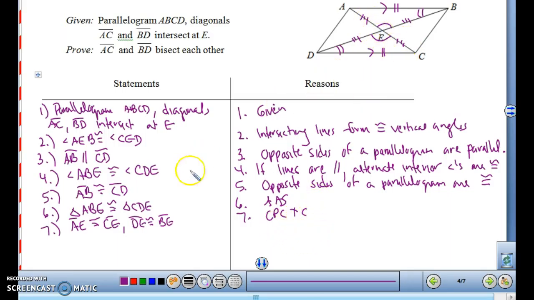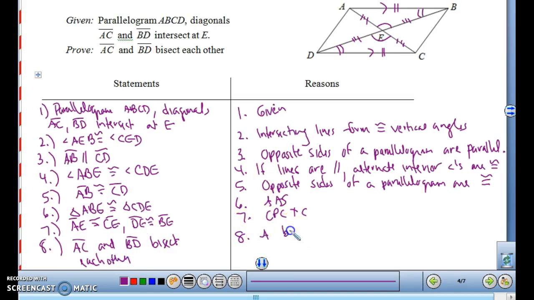Now, since this is divided into two congruent parts, that means that those diagonals, AC and BD, bisect each other. Now, the reason for that is the definition of a bisector.